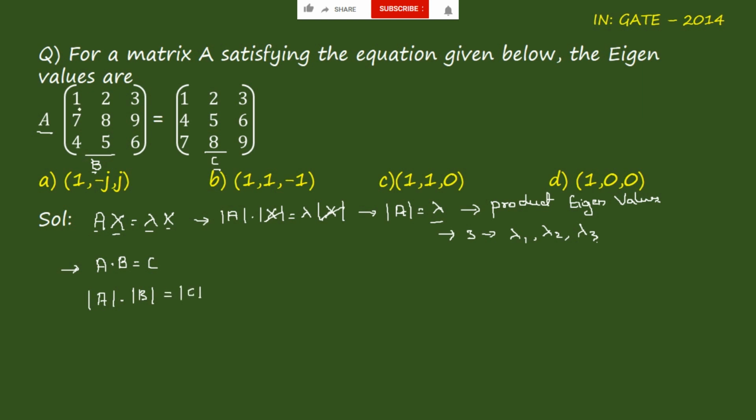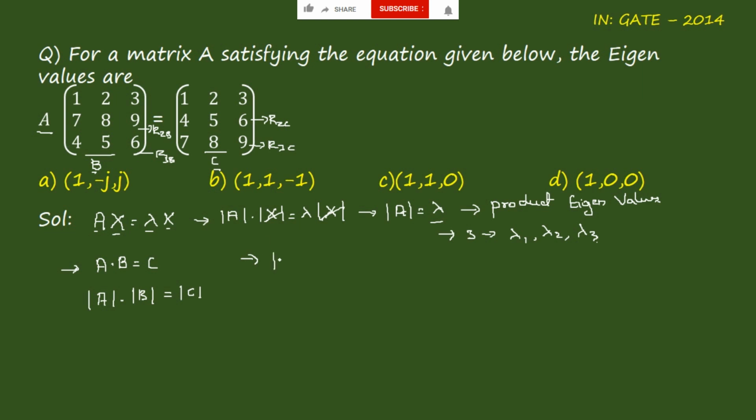But if you see the matrix properly, row 2 of the B matrix is equal to row 3 of the C matrix, and row 3 of the B matrix is the same as row 2 of the C matrix, right? So there's just a row change. We know the general formula that when finding the determinant, if the rows are interchanged, then the sign changes.